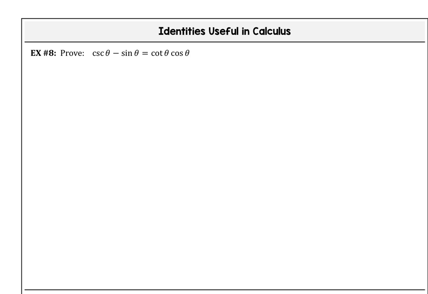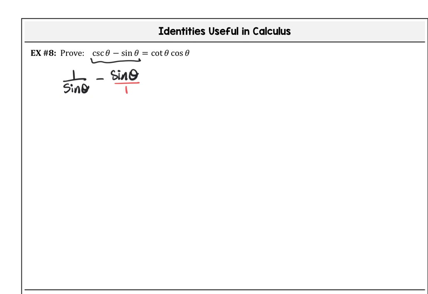All right, example 8, let's see. We have 2 terms on one side, 1 on the other, so I'm thinking work on the left, okay? So we have cosecant. We can write that as 1 over sine. Now I probably need to get a common denominator and add these together.